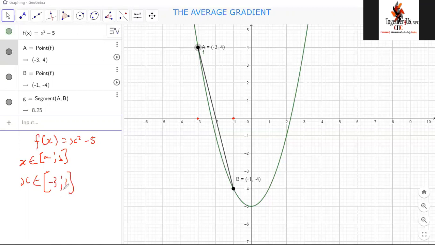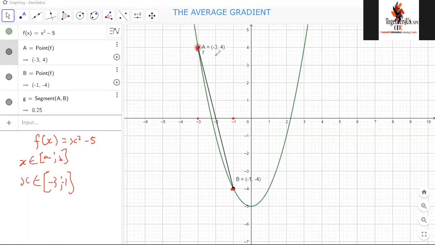So if we find the average gradient of f between -3 and -1, we are basically looking at the gradient of the line joining the points A and B. I hope that is clear. The average gradient is the gradient of a line between the two given points.